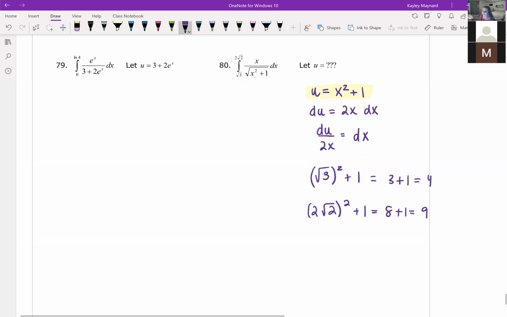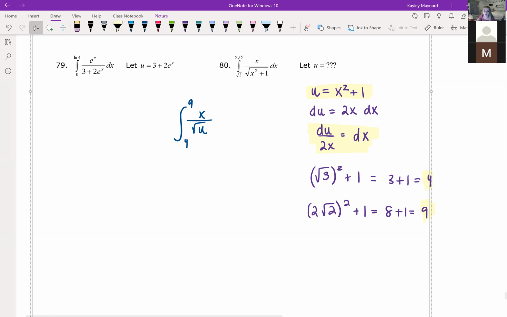So let's actually make the substitution now using dx, what u is equal to, and then also my new bounds here. So this integral now becomes the integral from 4 to 9. And then making the substitution, I get x over the square root of u.